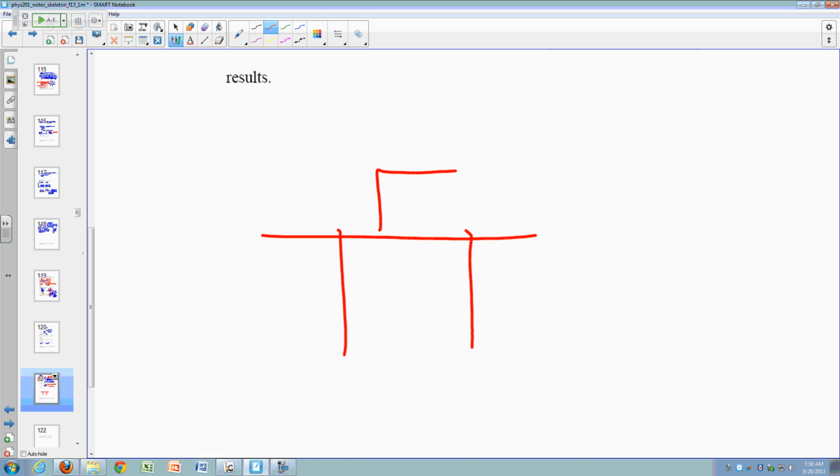Say I have an object that's sitting on a surface. It has a certain weight, Fw, and there is an equal and opposite force that is called the normal force. I'll call that Fn, and it's from the surface of the table in this case that's pushing back up on the block. Does anybody know what normal means?